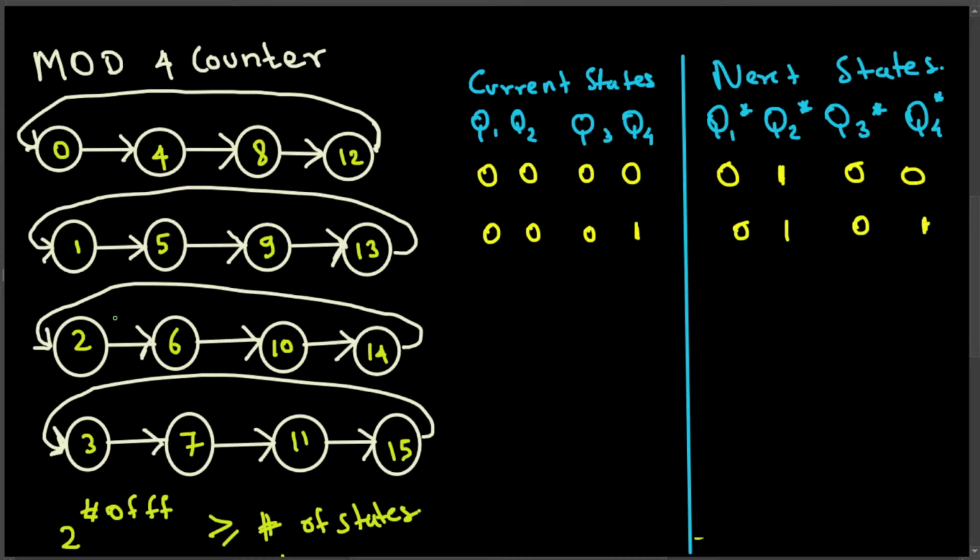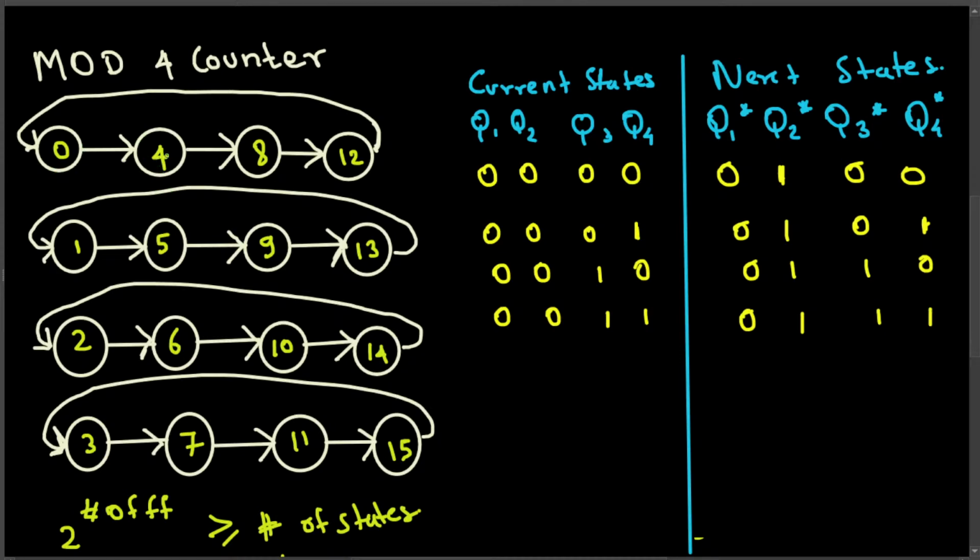If it's 2, that is 0, 0, 1, 0, the next state is going to be 6: 0, 1, 1, 0. If it's 3, that is 0, 0, 1, 1, the next state is going to be 7: 0, 1, 1, 1. Okay, now we have taken care of the first set of numbers.